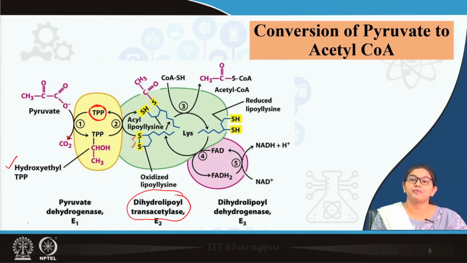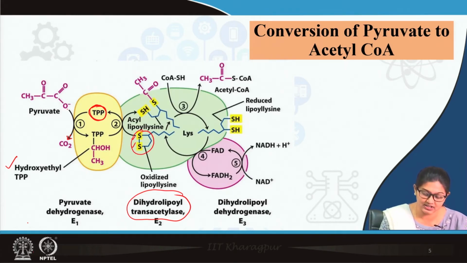This acetyl group is taken up by the oxidized lipoyl lysine group of the core enzyme. So, this is the oxidized lipoyl lysine group of the core enzyme, and after taking the acetyl group from TPP, it forms the acyl lipoyl lysine. This is the acyl lipoyl lysine.